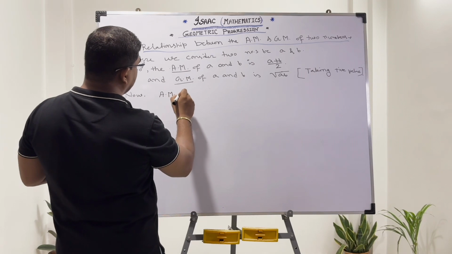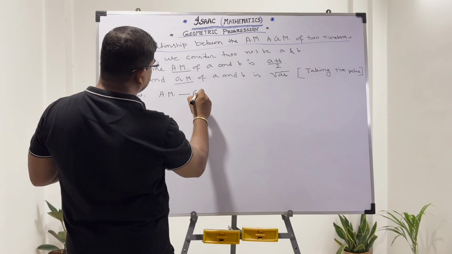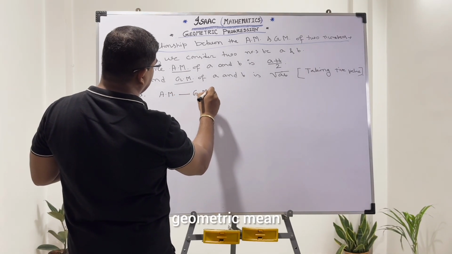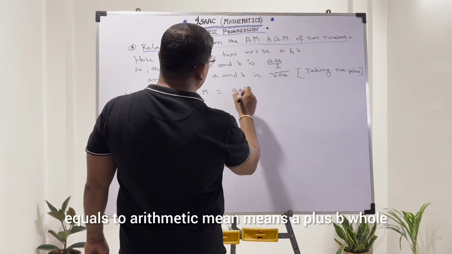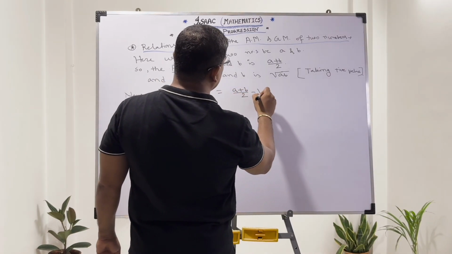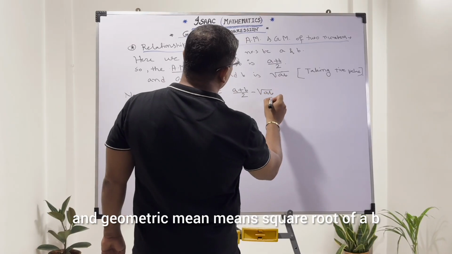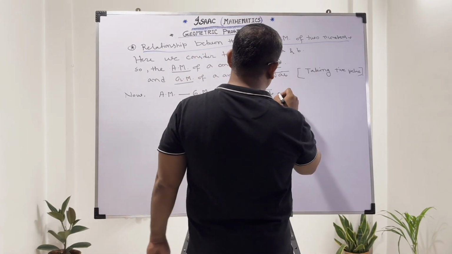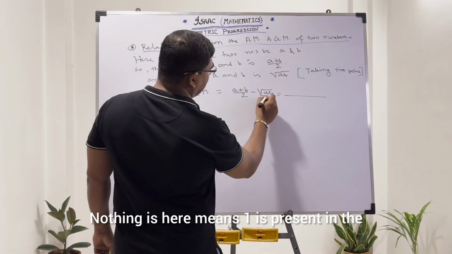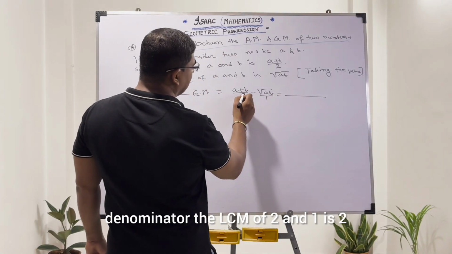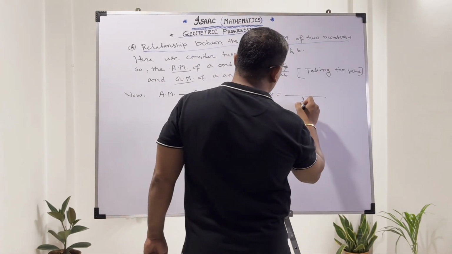Now arithmetic mean minus geometric mean equals, arithmetic mean means A plus B whole divided by 2, and geometric mean means square root of AB. Nothing is there, which means 1 is present in the denominator. The LCM of 2 and 1 is 2.